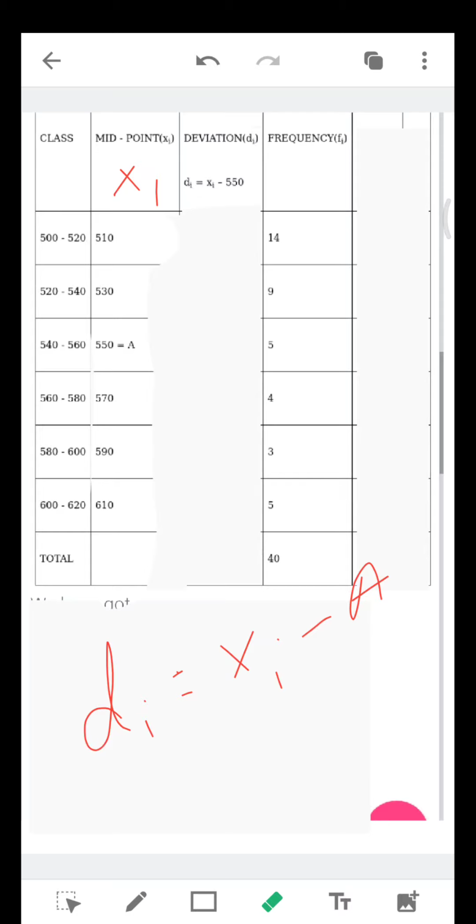The first one will be 510 minus 550, because xi is 510 and a is 550. What will you get? You will get minus 40. Then we'll go in the same way.